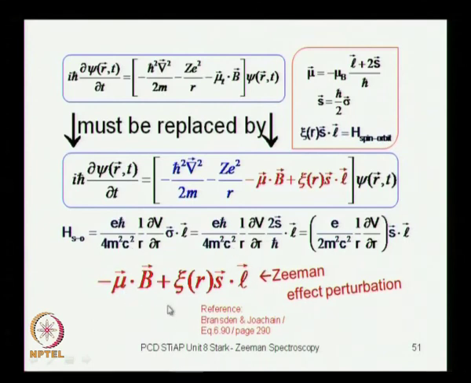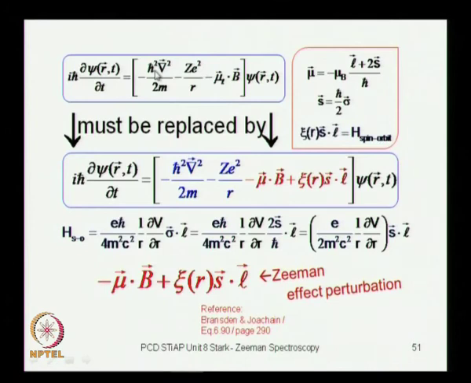These two are to be considered together in the Zeeman effect. So, the Zeeman effect is an interplay of these two terms which contribute to the perturbation. The rest of the Hamiltonian, which consists of the kinetic energy part and the potential energy in the field of the nucleus, constitutes the unperturbed Hamiltonian.